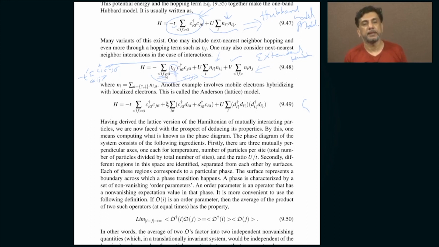But of course, like I told you earlier, it is important to include higher order neighbors, that means the next nearest neighbors and so on, just to make sure that the results you are interested in do not change qualitatively when you make those modifications.